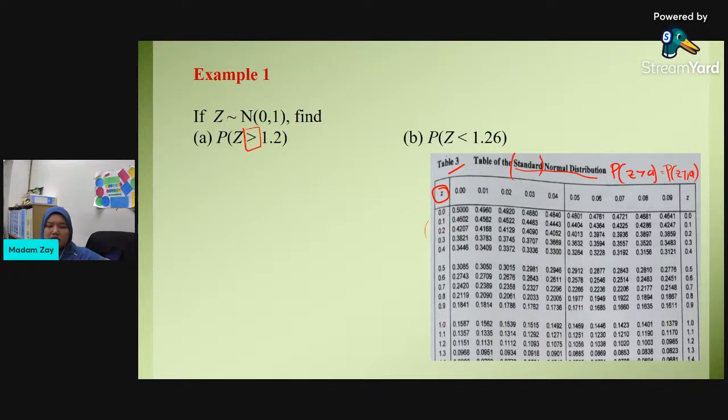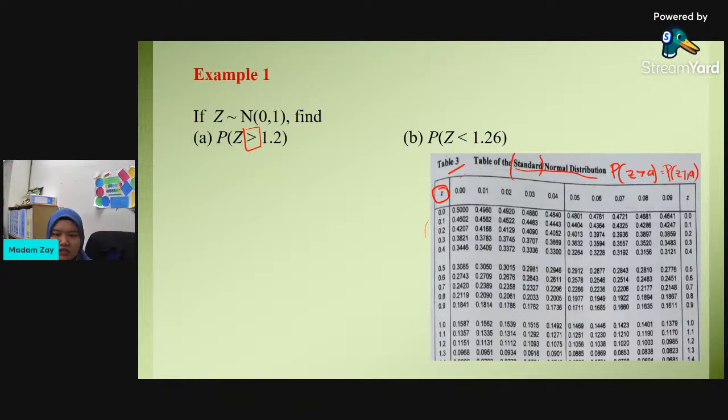Okay, so you boleh tengok table you muka surat berapa. Kena buka juga table ni. Table 21, bagus. Thank you. So table muka surat 21 boleh buka kat situ. Kita ada sampai 4.0. Okay, so ini decimal yang pertama.